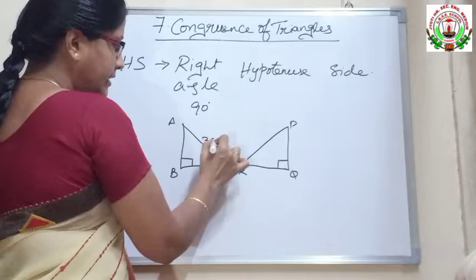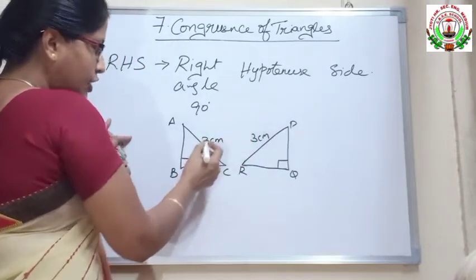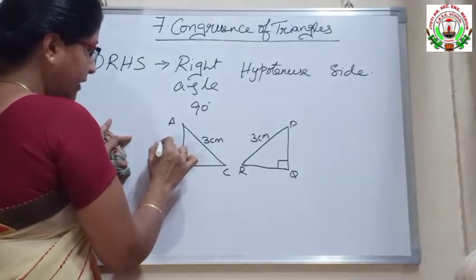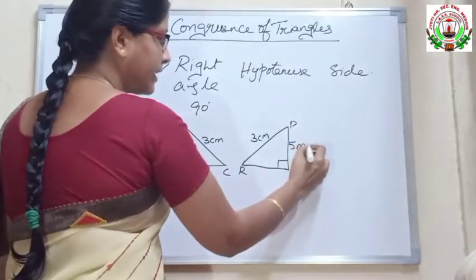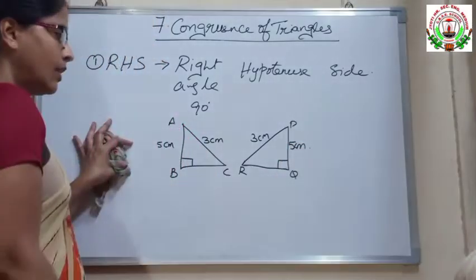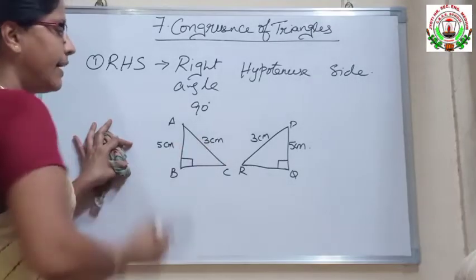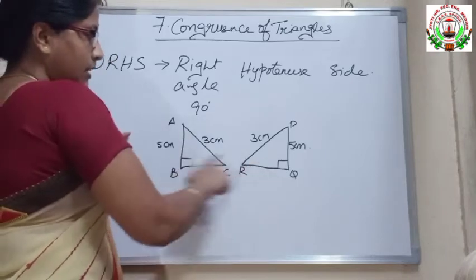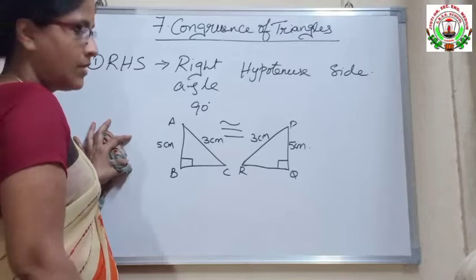So right angle should be there to compare two right angle triangles, and the hypotenuse, think it is 3 centimeters. So this also should be 3 centimeters, and these two included sides. So this should be, think it is 5 centimeters. So this also should be 5 centimeters. So right angle, hypotenuse and side. So these two triangles are congruent to each other.